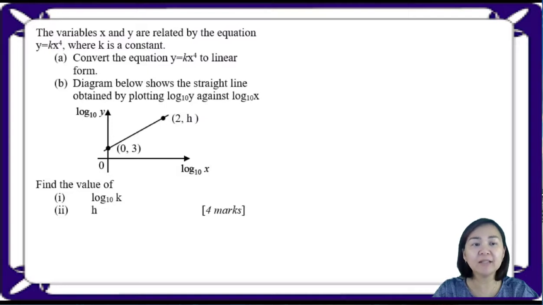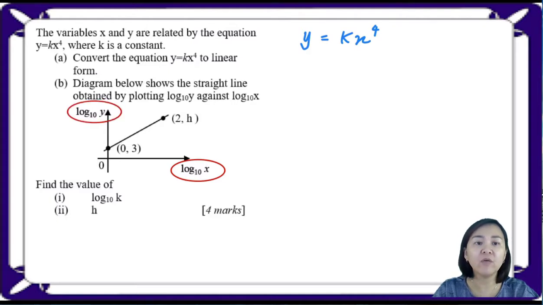To answer part A, we need to transform the nonlinear equation into a linear equation. By transforming into the linear equation, same thing, we refer to the axes in the diagram, which is log y against log x.